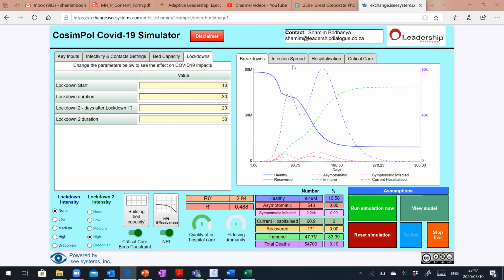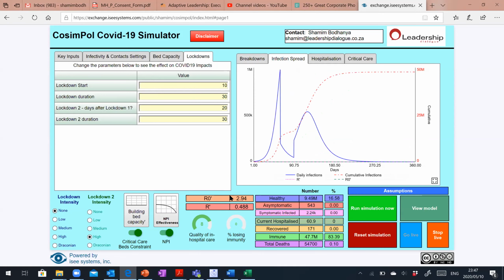If I go back to the infection spread, and I now look at the dial on the quality of in-hospital care. So what's the dial on number of deaths? And if I turn that to 10, we've essentially taken away most of the deaths.